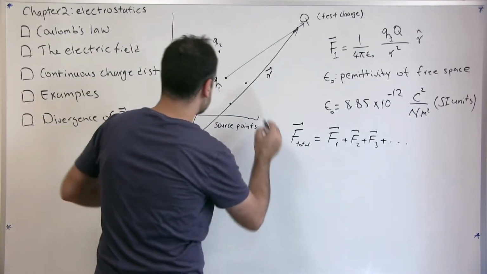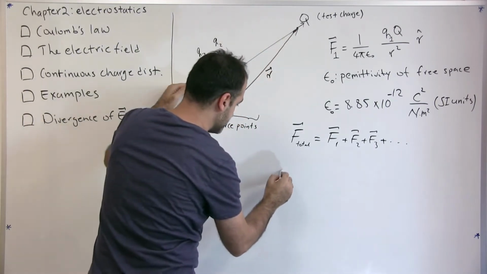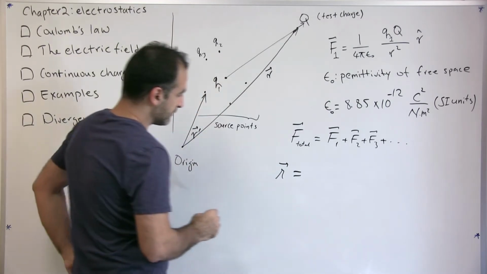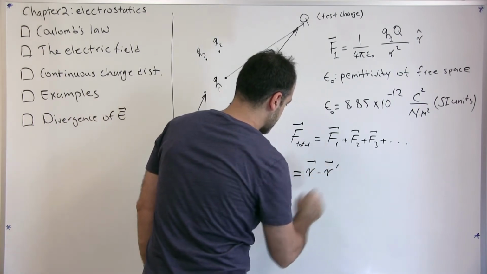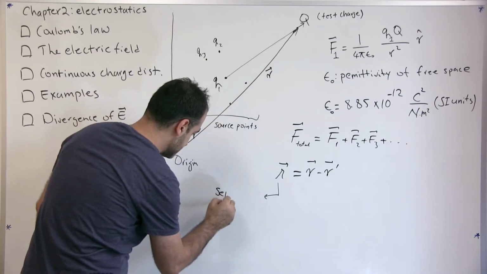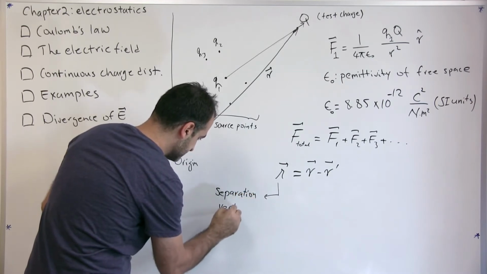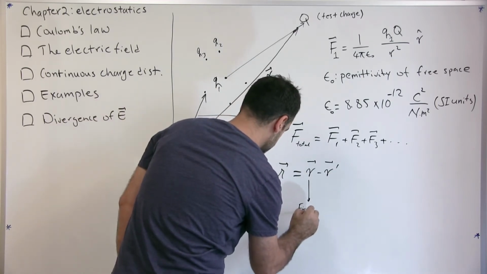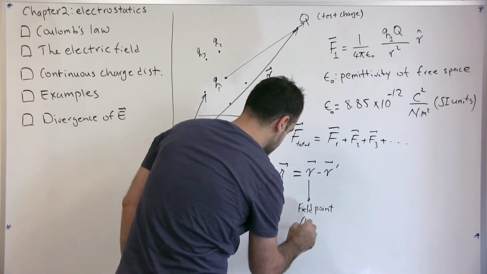So then the separation or distance between the source and the test charge, we use a separation vector for that. So script R with this font is basically R minus R prime. This is the separation vector. This is the field point, here where the test charge sits.